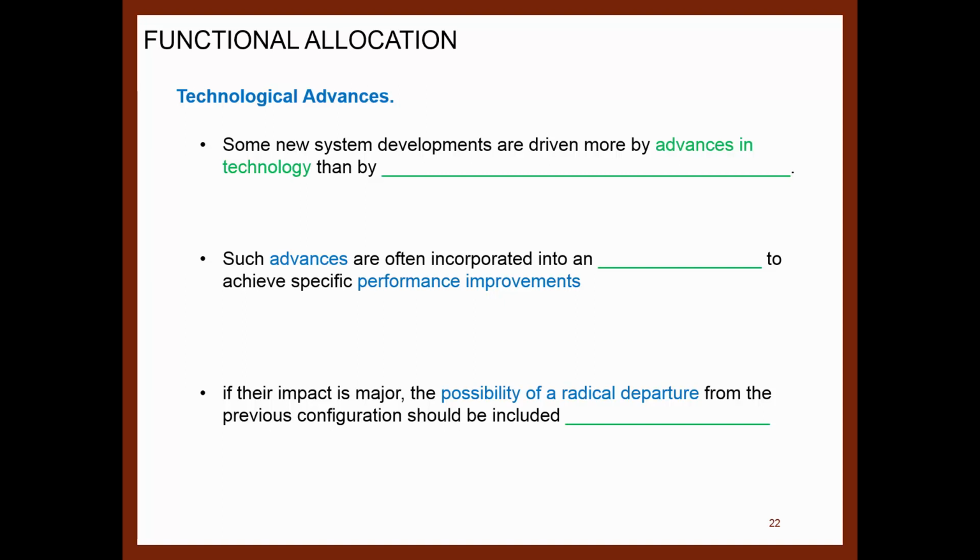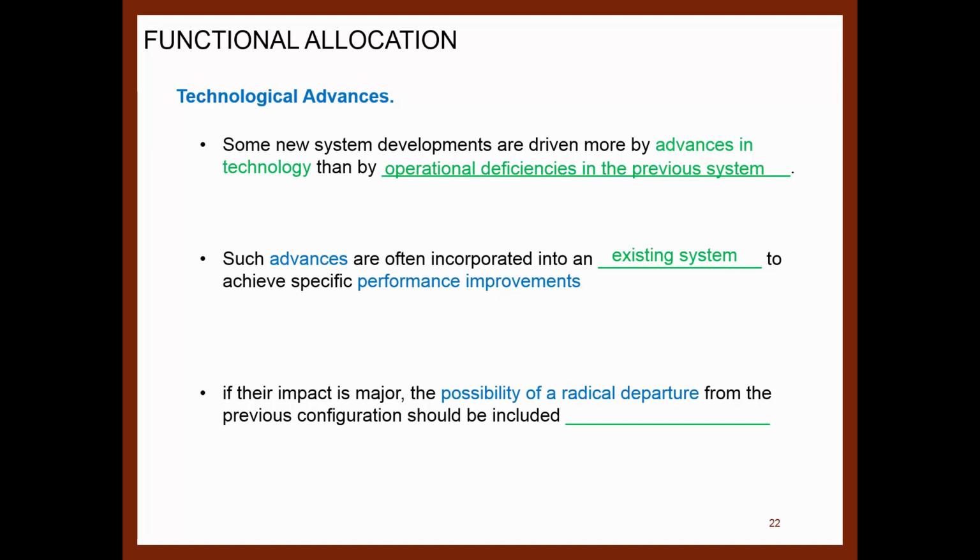Technological advances. Some new system developments are driven more by advances in technology than by operational deficiencies in the previous system. Such advances are often incorporated into an existing system to achieve specific performance improvement, and this is typical in the car industry.